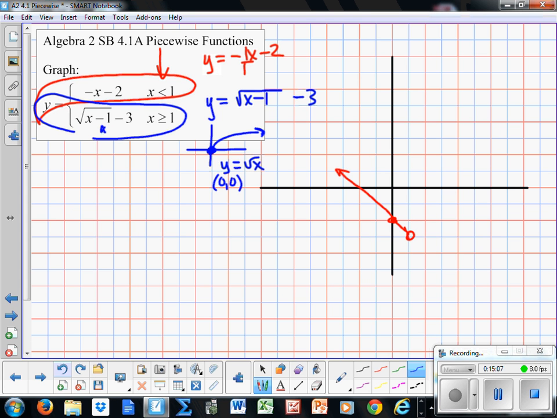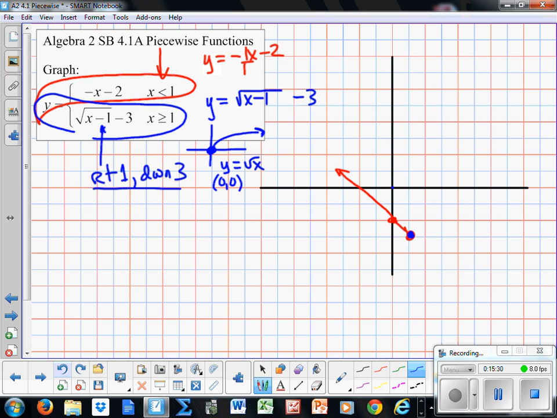Now, this is going to shift right 1 and down 3. So the starting point is going to shift that way, and I'm going to track the rest of it from there. So right 1, down 3, puts me at that same spot where that other point is the open circle.